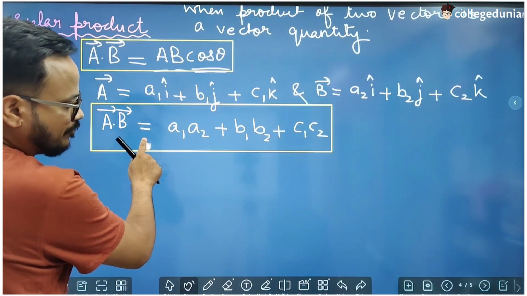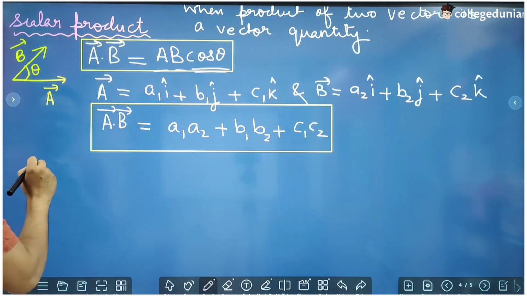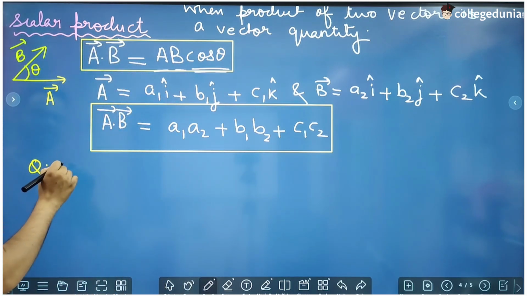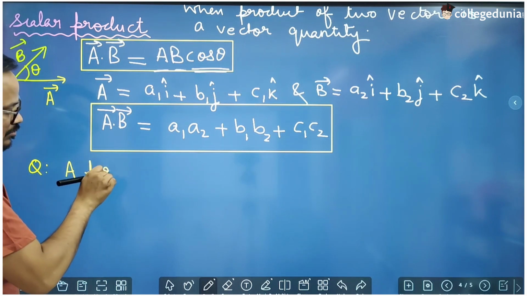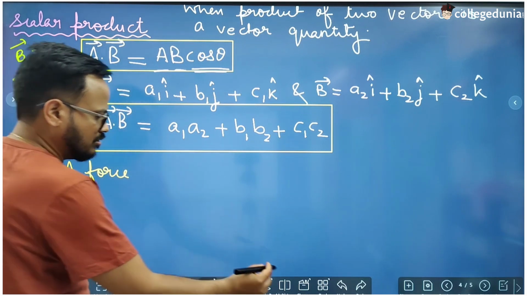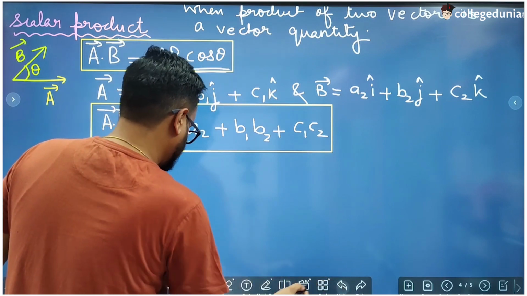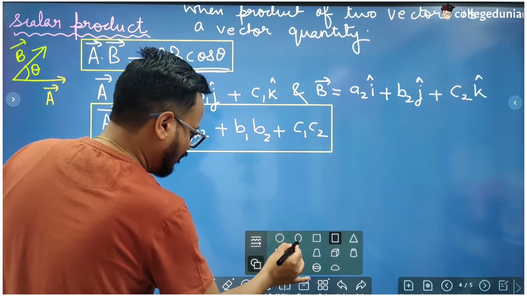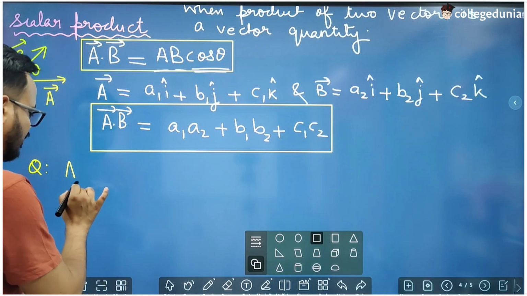For example, let us say a force is given. I'll just make a diagram and we will find the work done in that case.